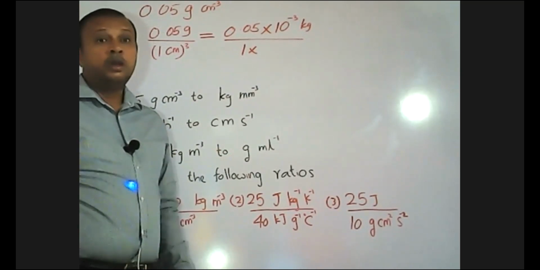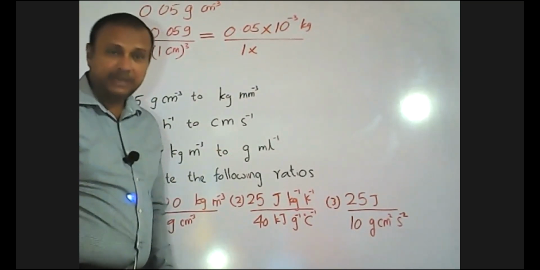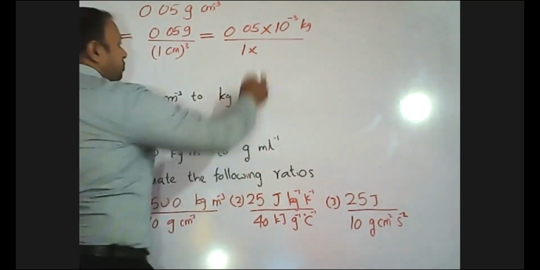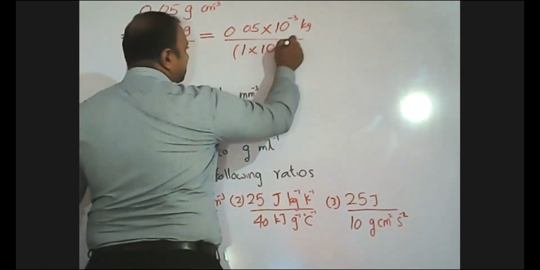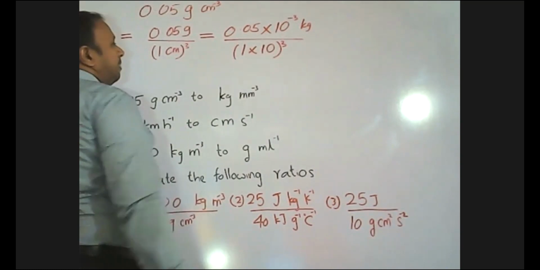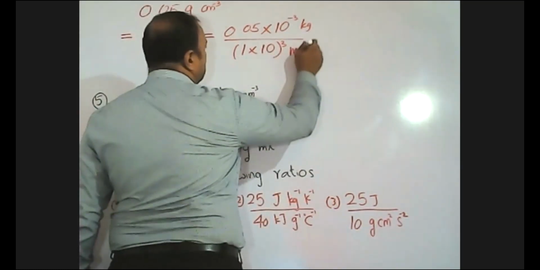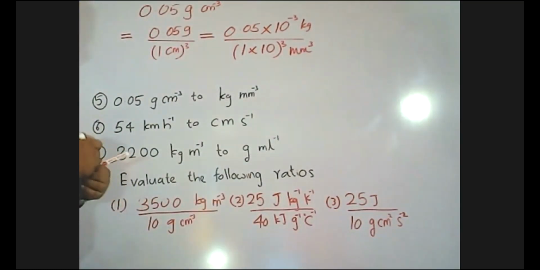So the ratio between centi and milli is 10. So you have to multiply this one by 10, and you have to take the power of 3. Then it becomes millimeter cube.